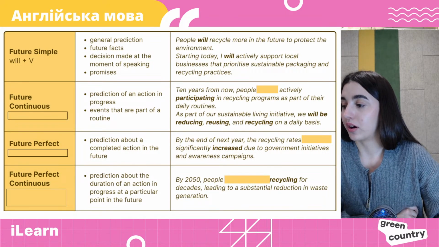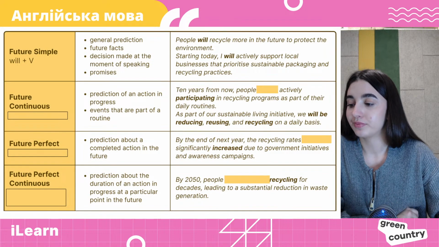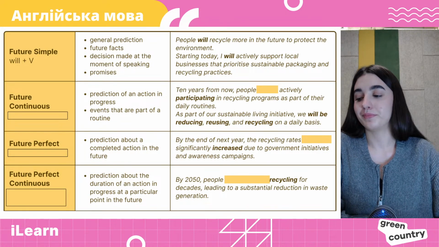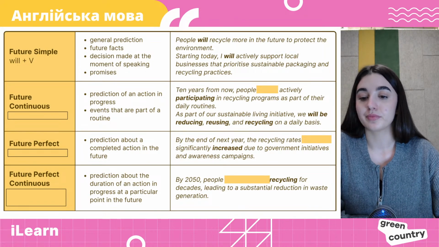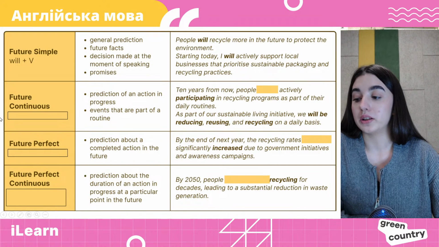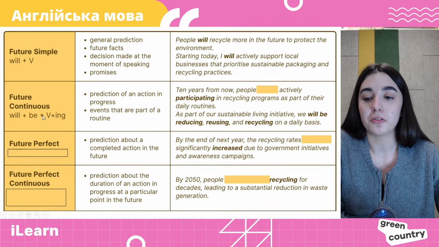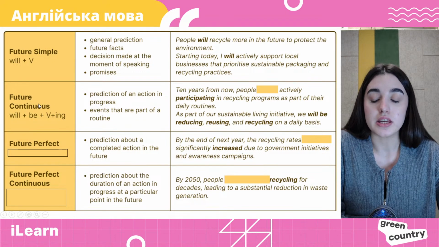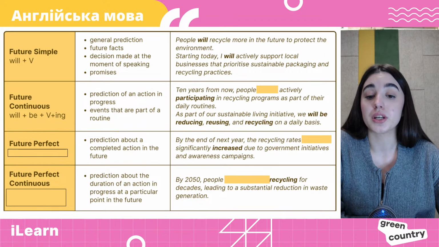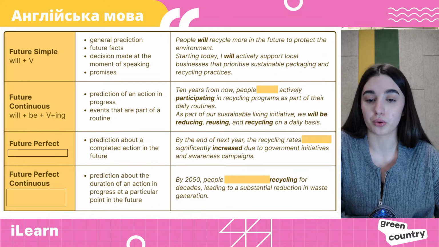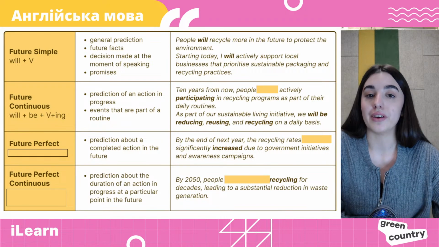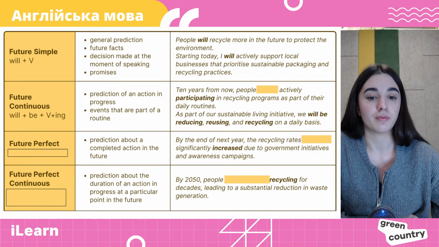Present simple, okay. Will be and ing, that is correct. Thank you very much. So future continuous is used to talk about predictions of the action in progress or the events that are part of the routine.